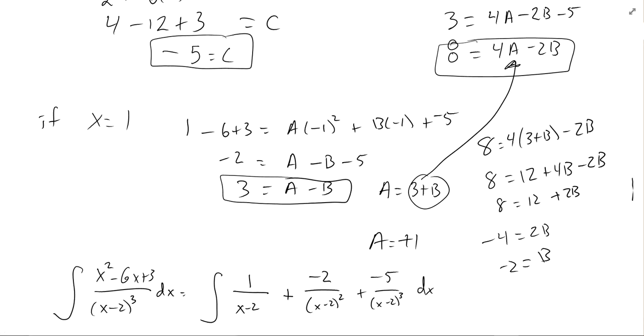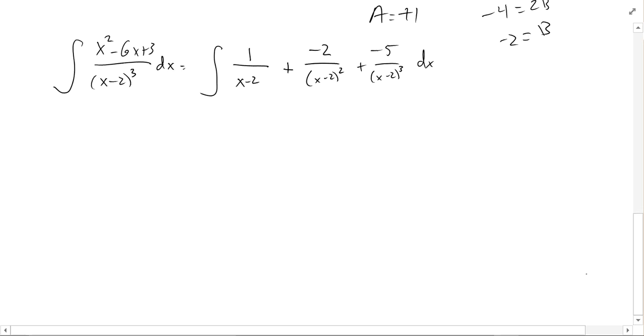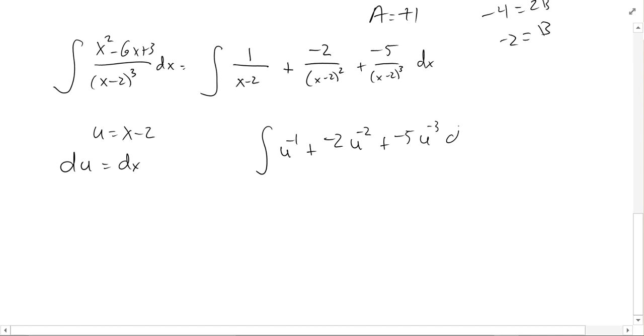And just for fun, let's go ahead and make the actual substitution. That's pretty easy to do with substitution. Make u equal to x minus 2, and du is equal to dx. So my integral becomes 1 over u, or u to the minus 1 power, plus negative 2u to the minus 2 power, plus negative 5u to the minus 3 power, du. If you take your antiderivative, the antiderivative of u to the minus 1 is the natural log of u.